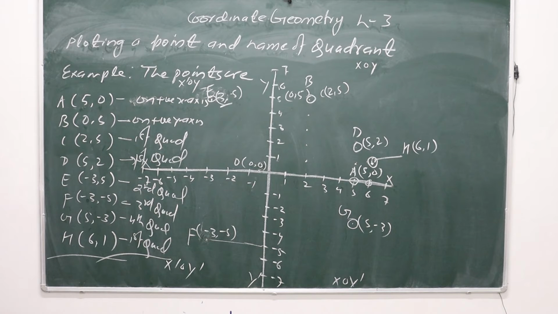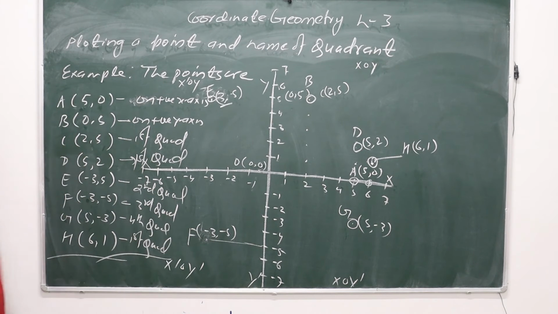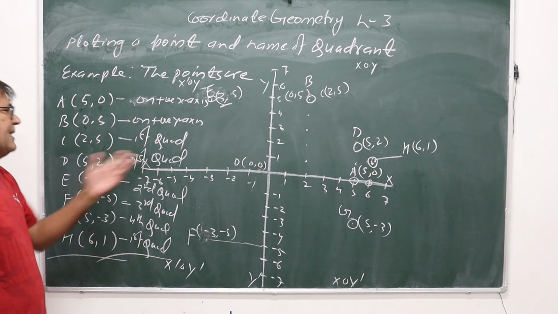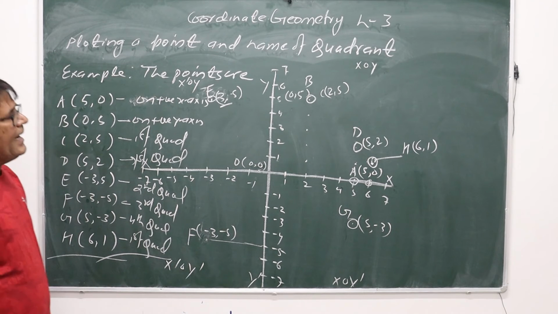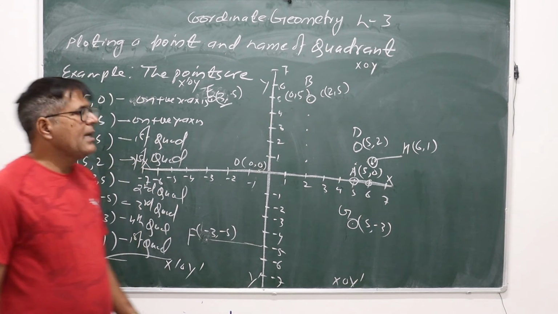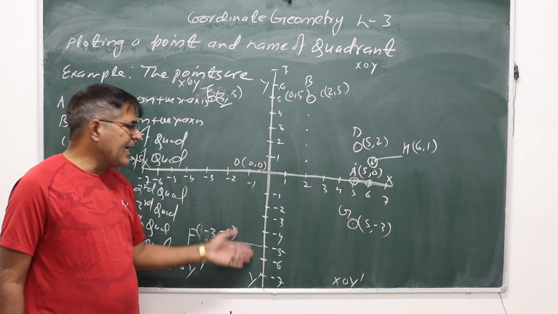Similarly, if the x coordinate is numerical and the y coordinate is 0, then it lies on the x-axis. If the x coordinate is positive, then on the positive x-axis, and if the x coordinate is negative, then on the negative x-axis. Similarly, if the point has x coordinate 0 and y coordinate numerical, then it lies on the y-axis. If x is 0 and y positive, then on the positive y-axis, and if x is 0 and y is negative, then it lies on the negative y-axis.